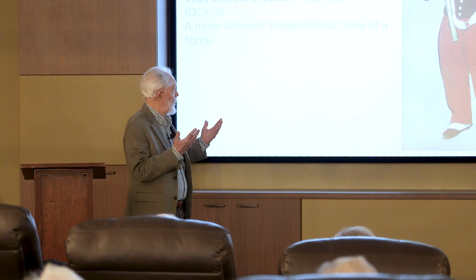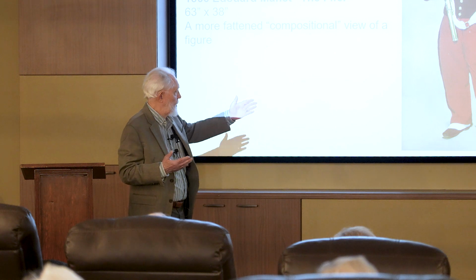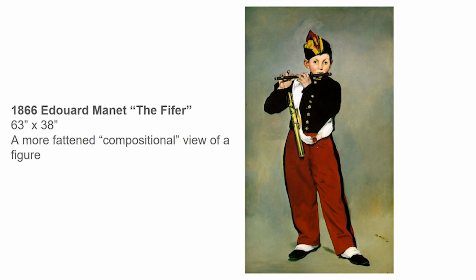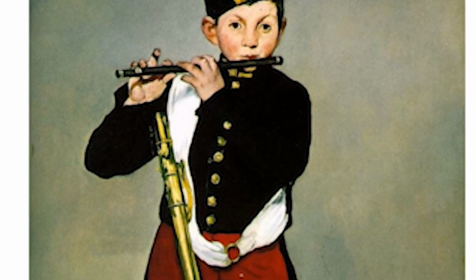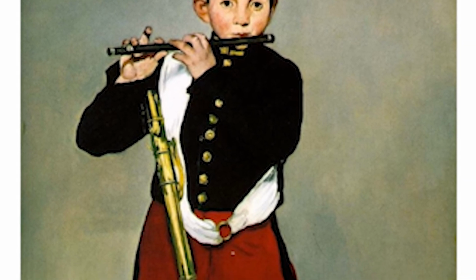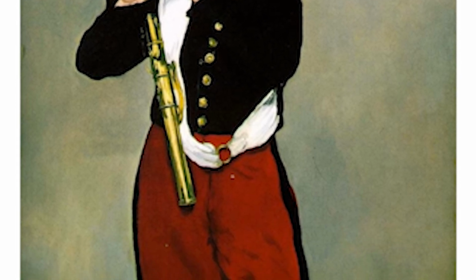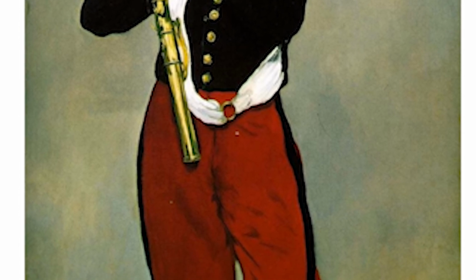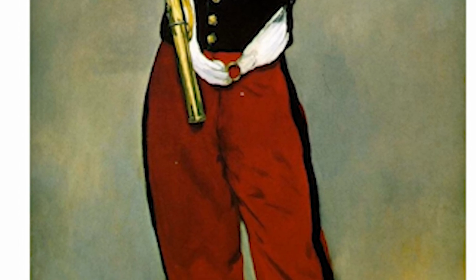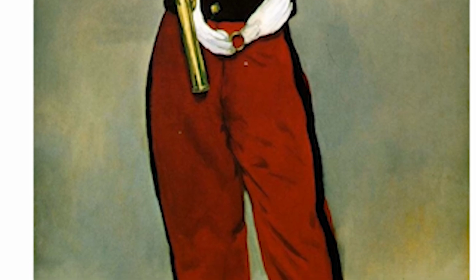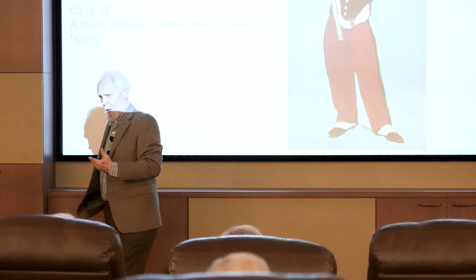And that allows him, again, to emphasize edges. And especially you see that with his black jacket and hat. He's really thinking about the rhythm of the pose and the characteristic outlines that represent the figure. Not only do you have black there, but you get these stripes down the edge of his pants and his shoes. So the whole painting, in a certain kind of way, is kind of outlined.